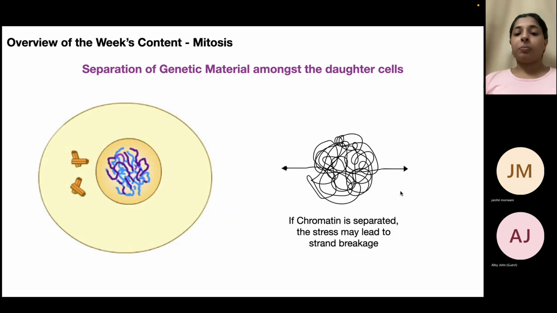So one of the major things that the cell needs to ensure upon mitosis is equal separation of the chromatin, the genetic material, amongst the daughter cells. But as we know, in the interphase, the genetic material is present as a coiled structure known as chromatin, which is a complex between DNA and proteins.